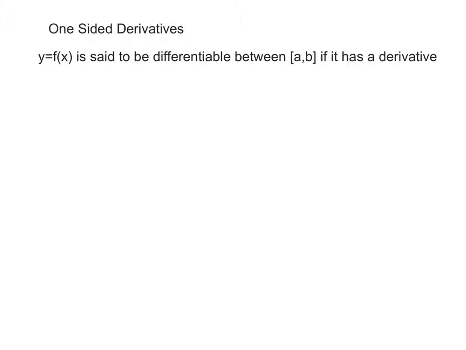And if the limit as h approaches 0 from the right of f of a plus h minus f of a, all over h, and that's the way we distinguish our right-sided limit.